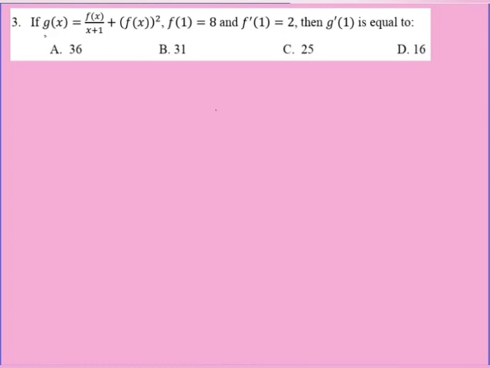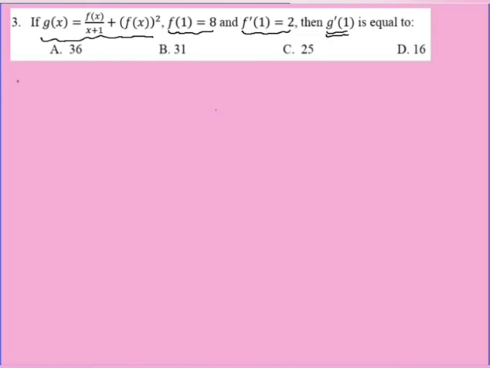If g of x is given by the composition of f with x plus 1, and f at 1 is 8, f derivative at 1 is 2, then based on this information we are asked g derivative at 1.